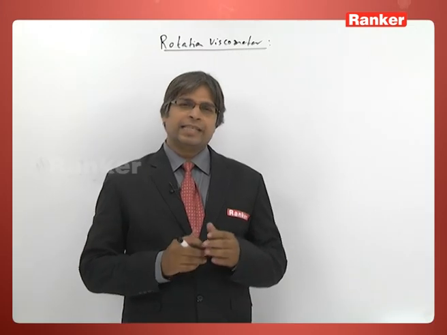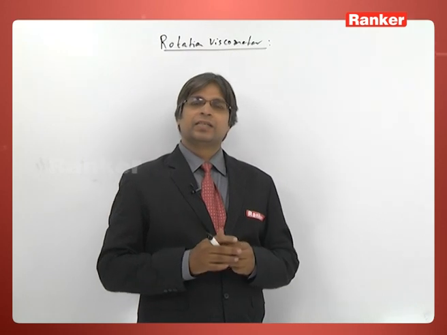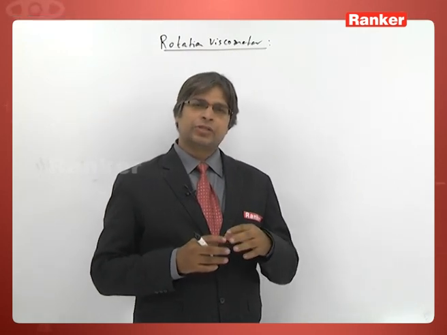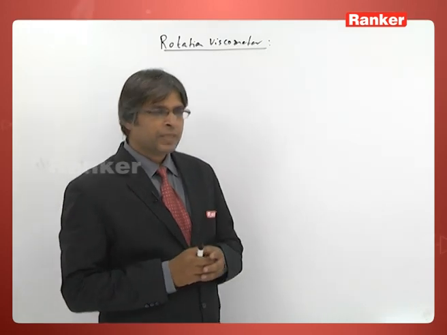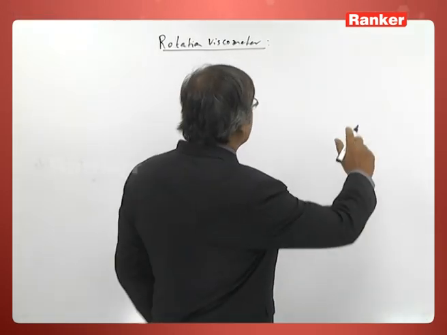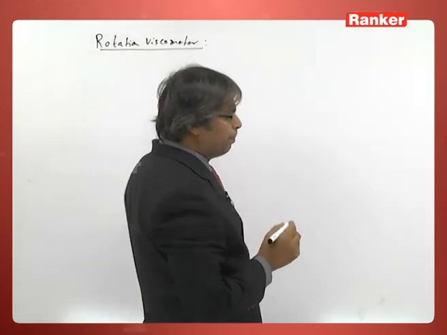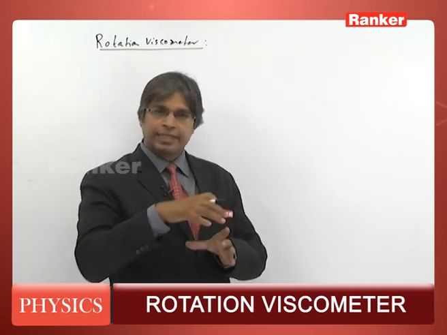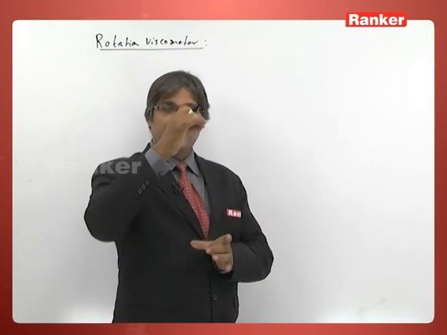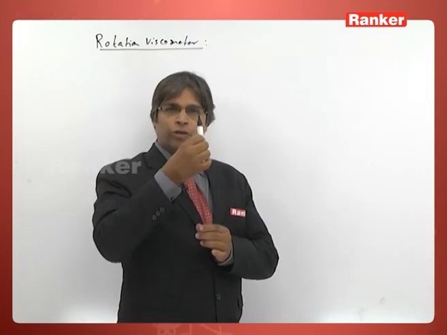So, now let us take an example of a rotation viscometer. This instrument is used to measure the viscosity of a fluid. What we do is place a cylinder inside a rotating fluid, and that cylinder is hanging from a torsion thread.